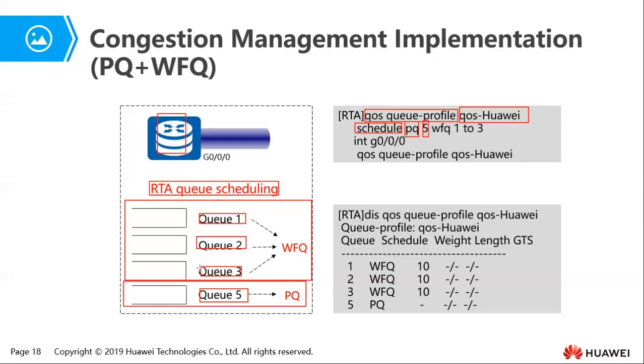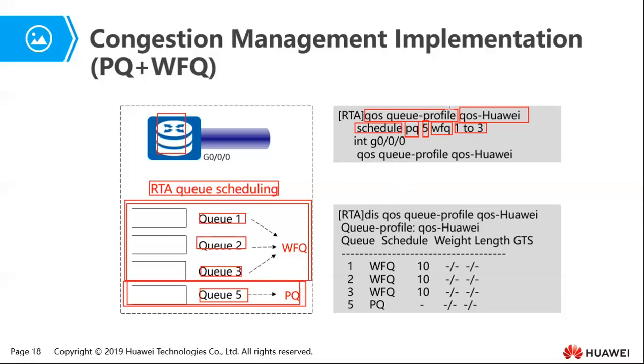So we want Q5 to be scheduled using priority queue. Then we use WFQ for weighted fair queue, then 1 to 3 to specify that we want Q1 to Q3 to be scheduled using the weighted fair queue algorithm.